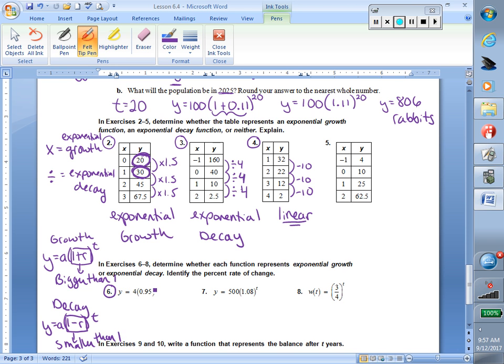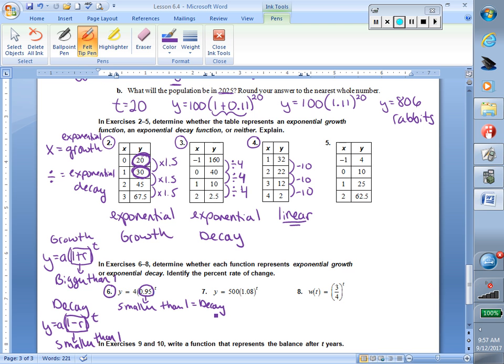So if we look at number 6, we look at the number inside the parentheses, and we see that it's smaller than 1. Smaller than 1 equals decay.